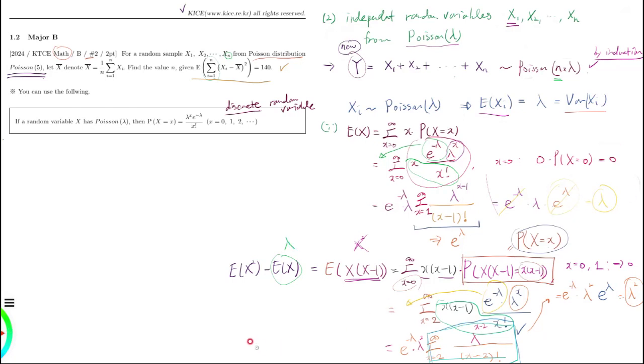So from this property, I can figure out the mean of x squared is same as lambda squared plus lambda.